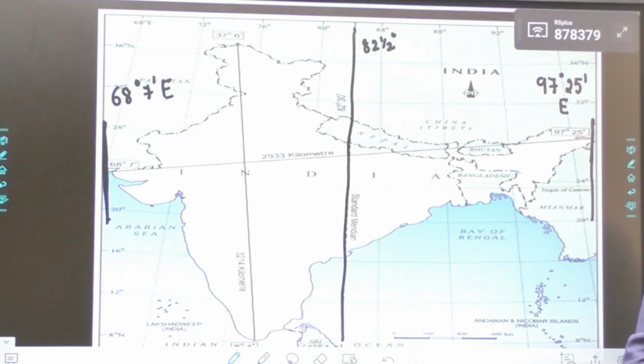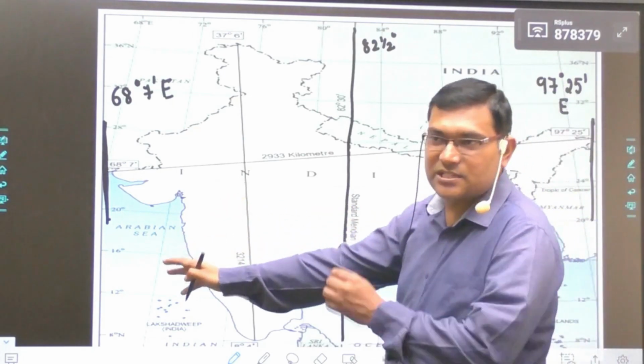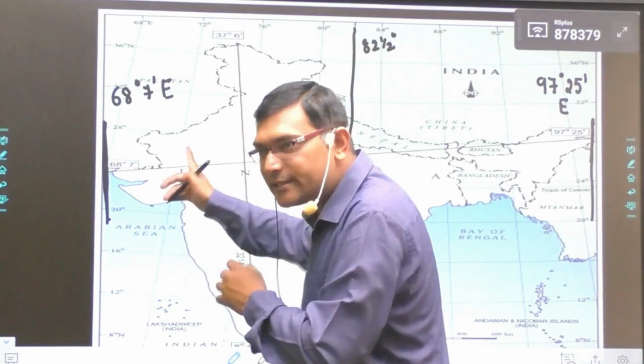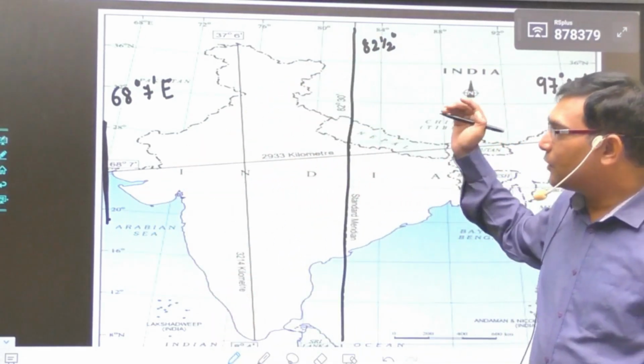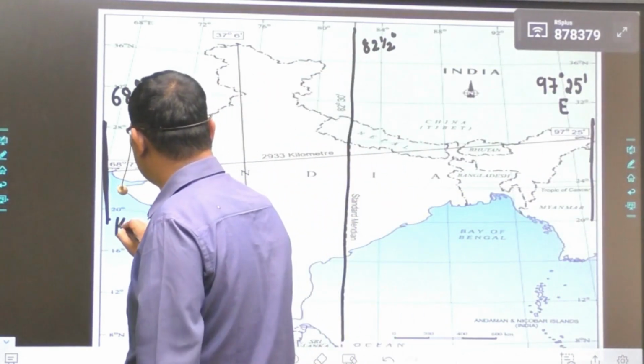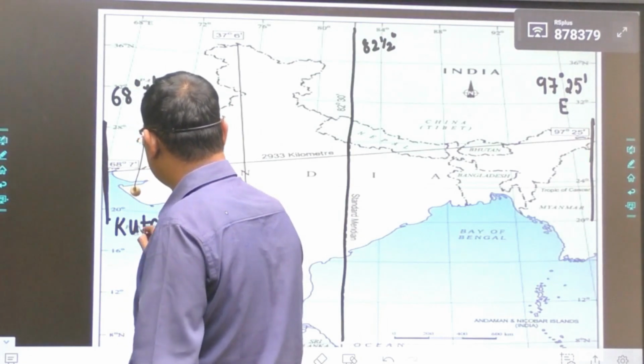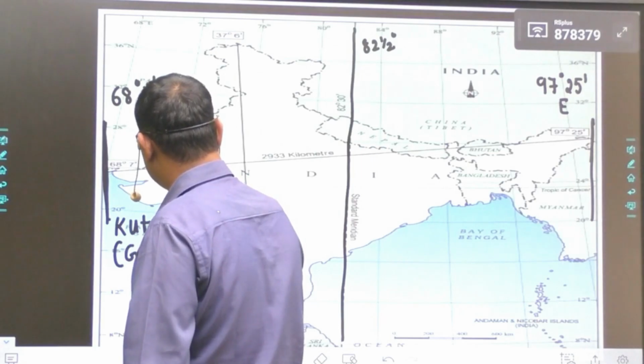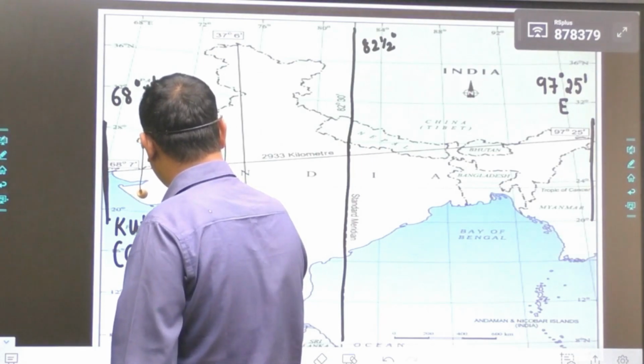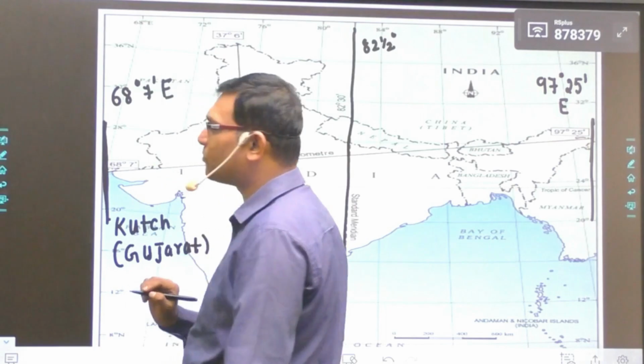Am I right here? Can I say that this is your Gujarat region and that is your Arunachal Pradesh region? In Gujarat, the Kutch region is the westmost point of India.